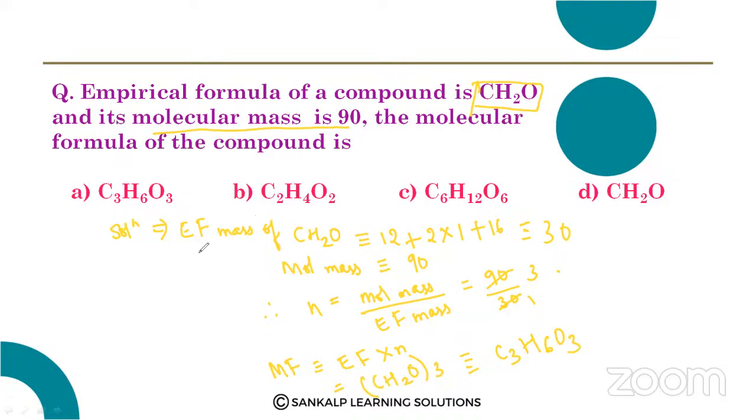So which is the correct answer? A. So A is the correct answer. So like this, you solve the problem. First find the empirical mass, then find the common factor, and then multiply the common factor with the empirical formula to get the molecular formula.